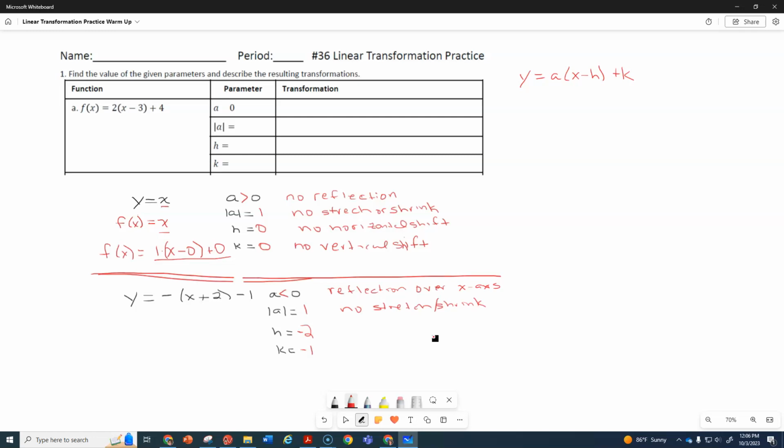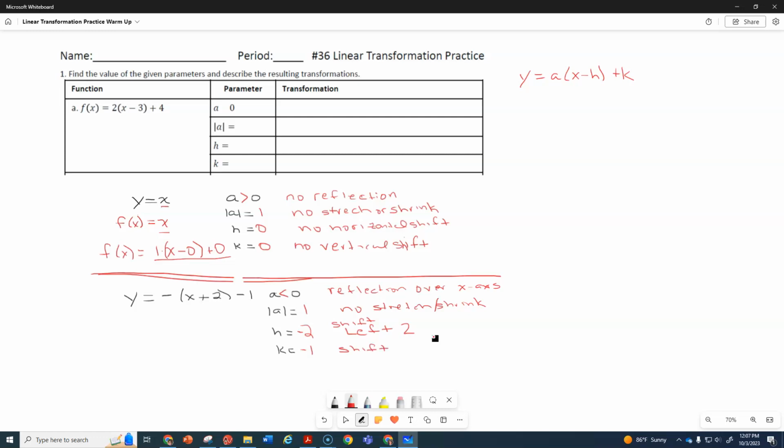Okay, h horizontal, it's negative, so it went left 2. We did a shift left 2. And k is a -1, so we did a shift, or translate.